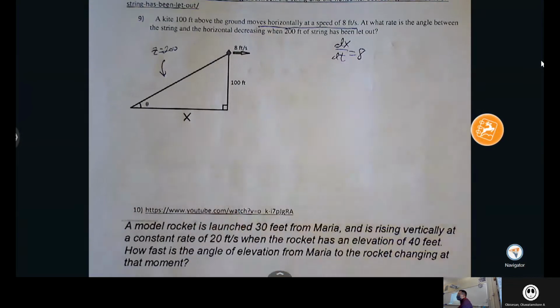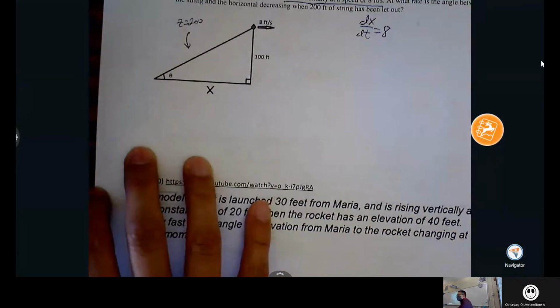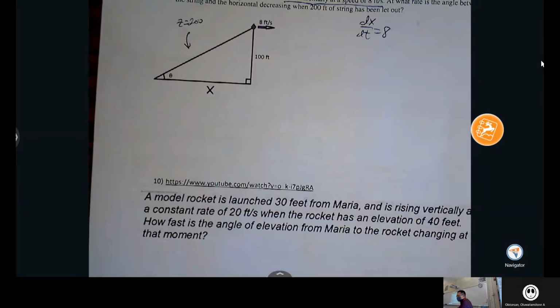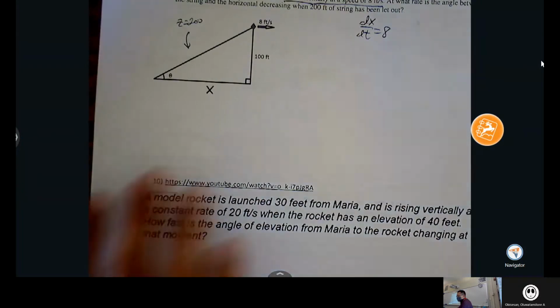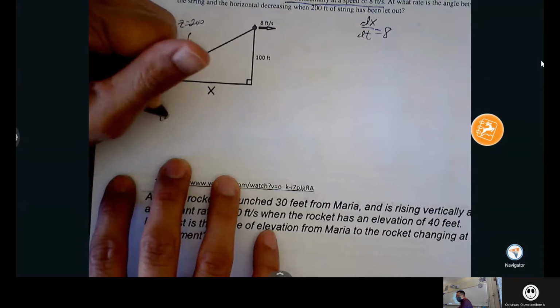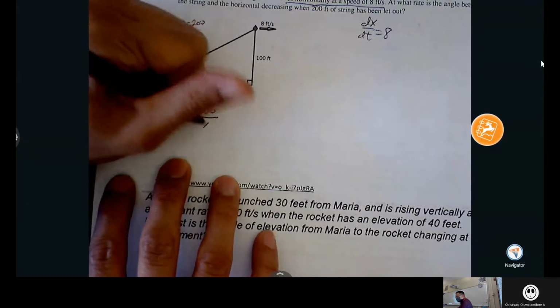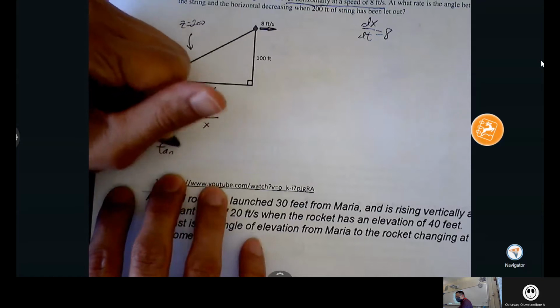Okay, so which trig function can we use? Tangent. Yeah. Okay, how would you set that up? Tangent theta equals 100 over x, or 100 times x to the negative 1. Good.